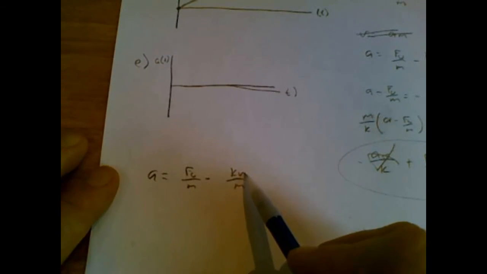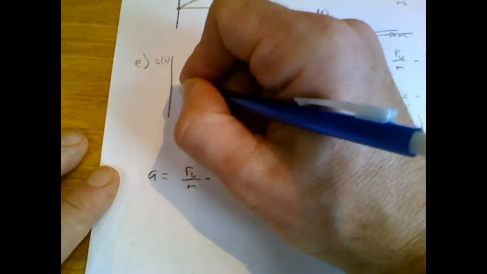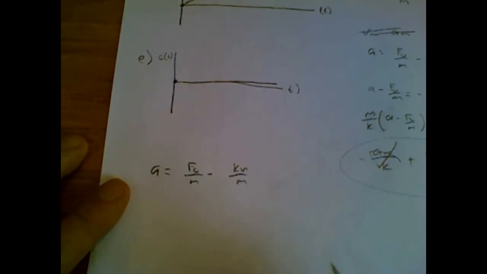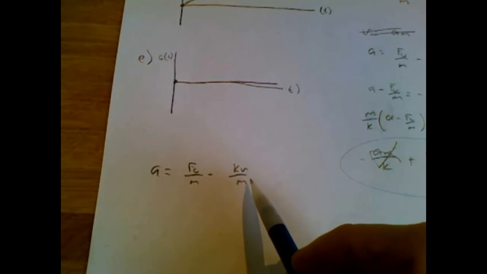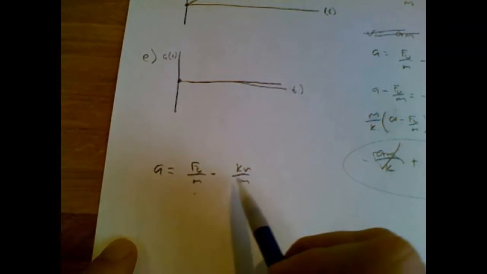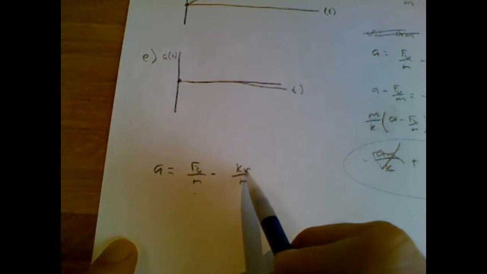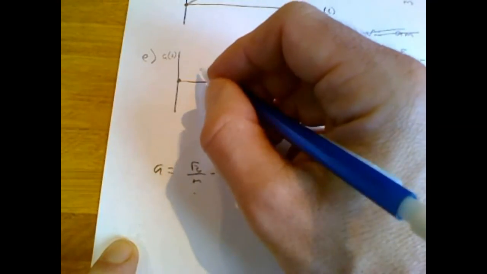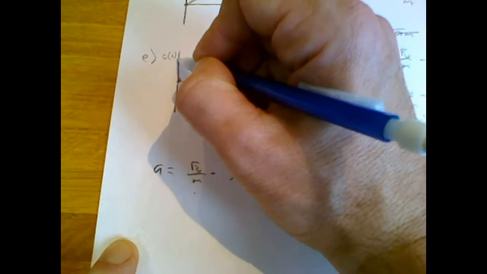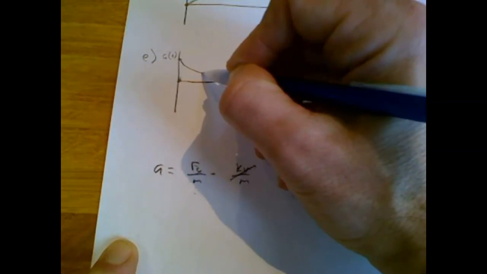I started from rest, which means it has to start from there. And my maximum value for acceleration is going to be F naught over m, right? Because if v is 0, that's where my acceleration is the greatest, which means it is starting from there and ending at 0, so it should be kind of an asymptote that way.